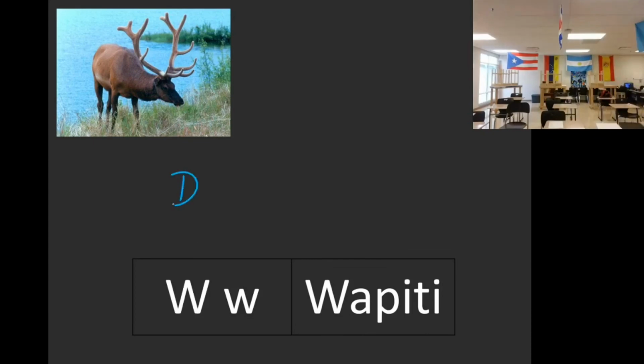This guy right here is going to be called doble uve. All right, we call it in English double W. In Spanish, they call it double V, which makes sense because it actually looks like two V's crammed in together. It's going to make the same sound as it does in English. However, you're not going to see it a whole lot in the Spanish language.